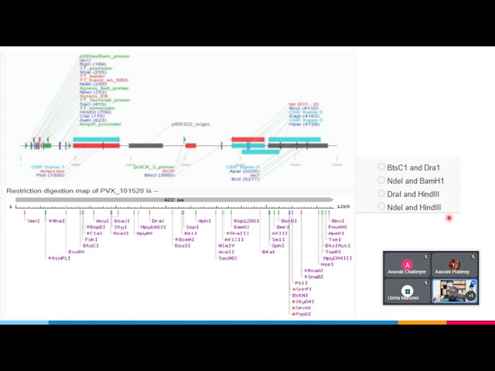Okay, so if we look at the pairs of restriction enzymes given here and compare them to the multiple cloning site present in the question, we will see only two enzymes match the given MCS, which are the NdeI enzyme and the HindIII enzyme. So the correct option is number 4.